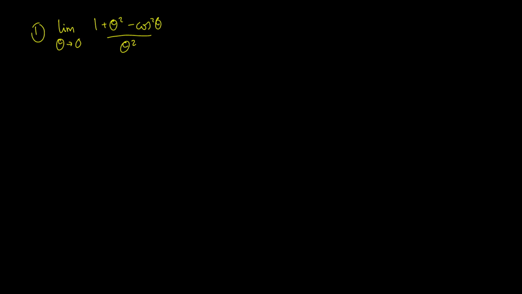So first, we're going to rearrange this top equation to be the limit as theta goes to 0 of 1 minus cosine squared theta plus theta squared all over theta squared. Now, what do we know? Let's use a trig identity here. 1 minus cos squared is going to be equal to sine squared. Why is this?